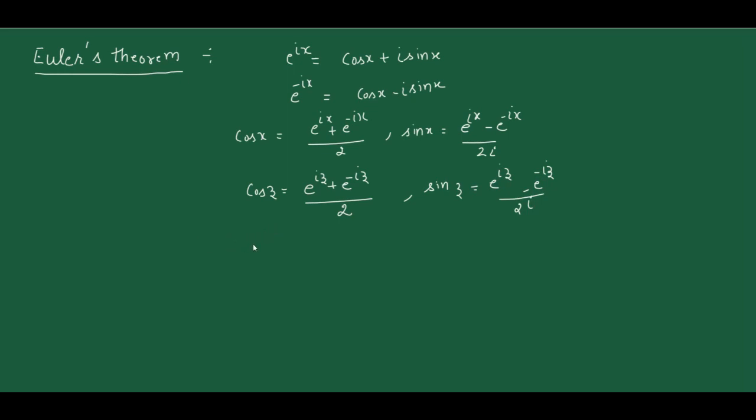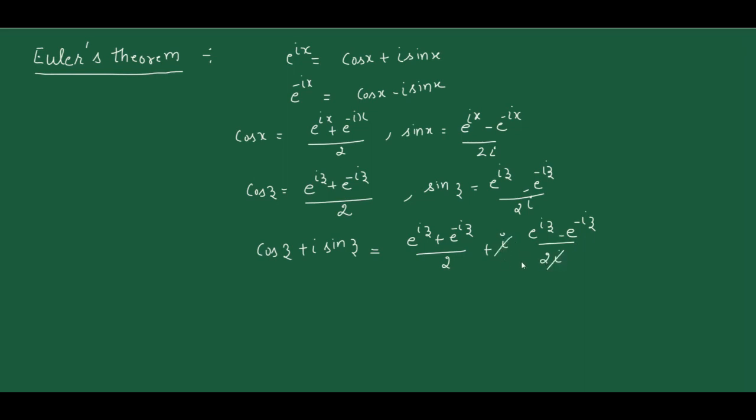From here we can find that if we add cos z plus iota times sin z, what we get? We get e raised to power iota z plus e raised to power minus iota z by 2, plus iota times sin z, which is e raised to power iota z minus e raised to power minus iota z by 2 iota.